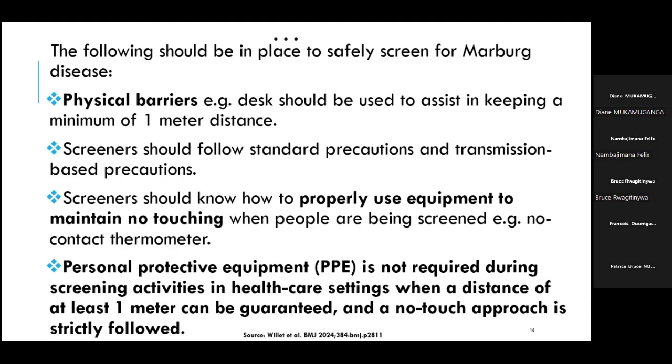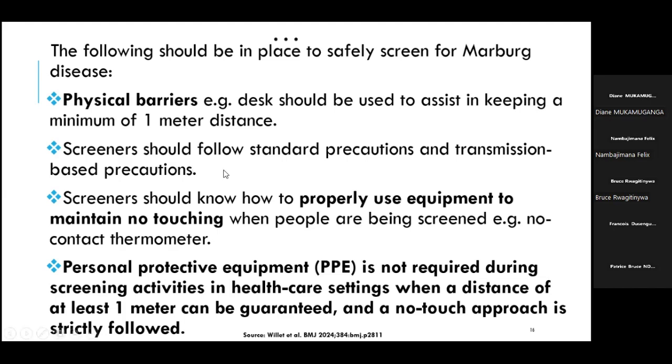In those special areas, we can receive people in ambulances, but on the major gates, we normally should screen, trying to keep a distance between the screener and the person to be screened. If we can keep a minimum of 1 meter distance, we can protect the screener, but also the person to be screened, we do not need to wear too much PPE as we are going to see.